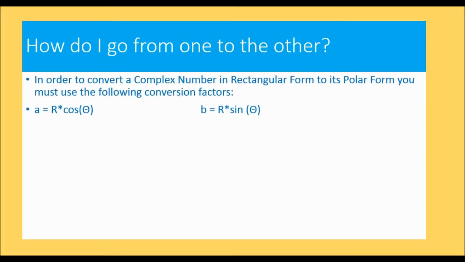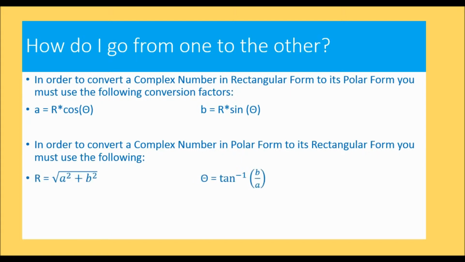A pretty common question is, how do I go from one to the other? In order to convert a complex number from polar form to rectangular form, you must use the following conversion factors: a equals r times the cosine of angle zeta, and b equals r times the sine of angle zeta.